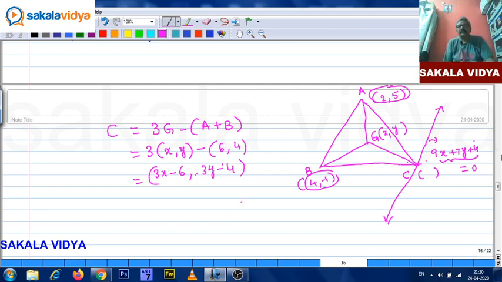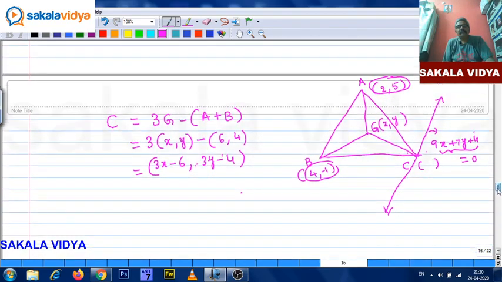Substitute in this one. So now we get the required locus: 9 into 3x minus 6, because C lies on that line, plus 7 multiplied by 3y minus 4, plus 4 equals 0.